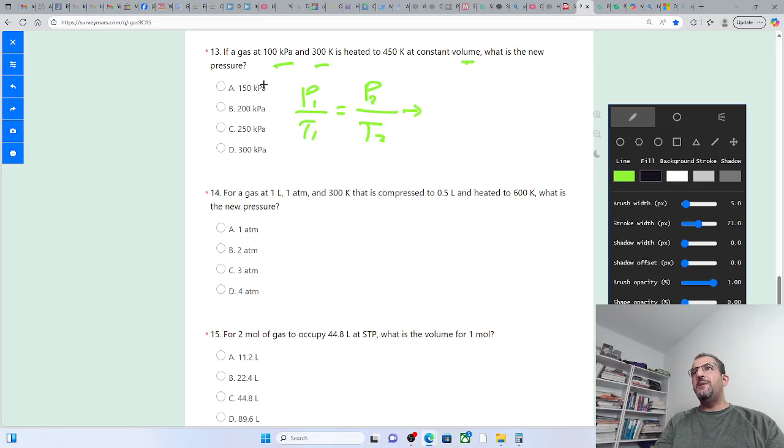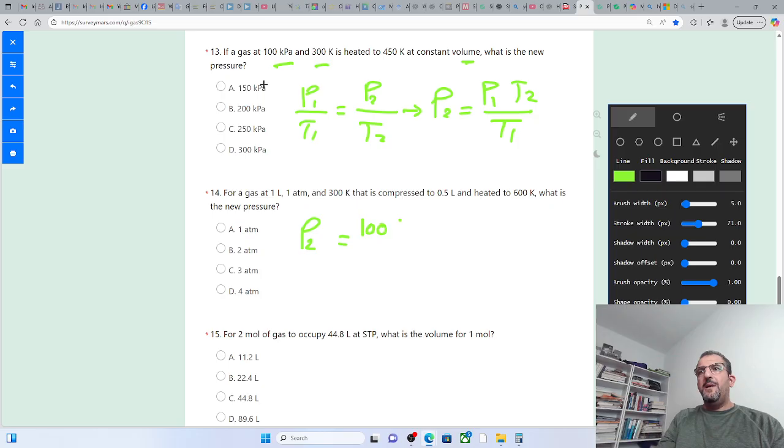From here we can solve for the new pressure: P2 is equal to P1 times T2 divided by T1. So P2 is equal to 100 kilopascal times 450 Kelvin, divided by 300 Kelvin.